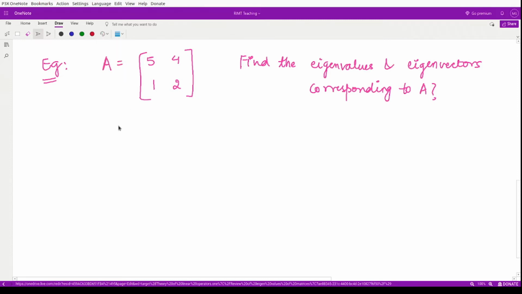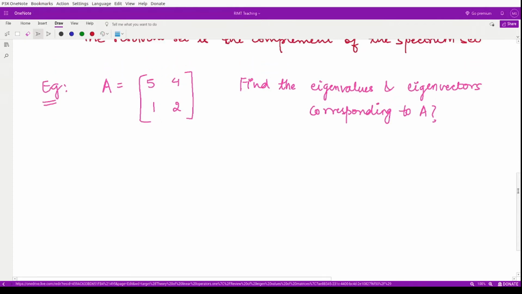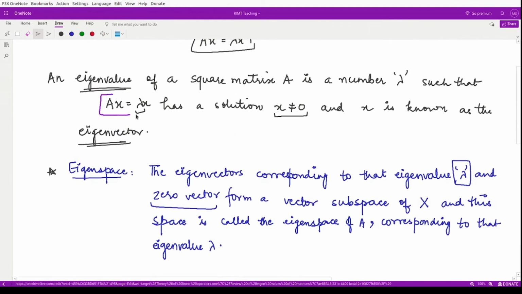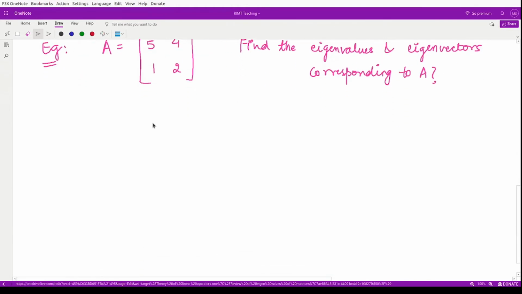So here, let's go back to the equation from where we are able to calculate this. So this is the equation, Ax is equal to lambda x. We need to find the lambdas for this A, and we need to find x such that x is not equal to 0. This is the definition for eigenvalues and eigenvectors.